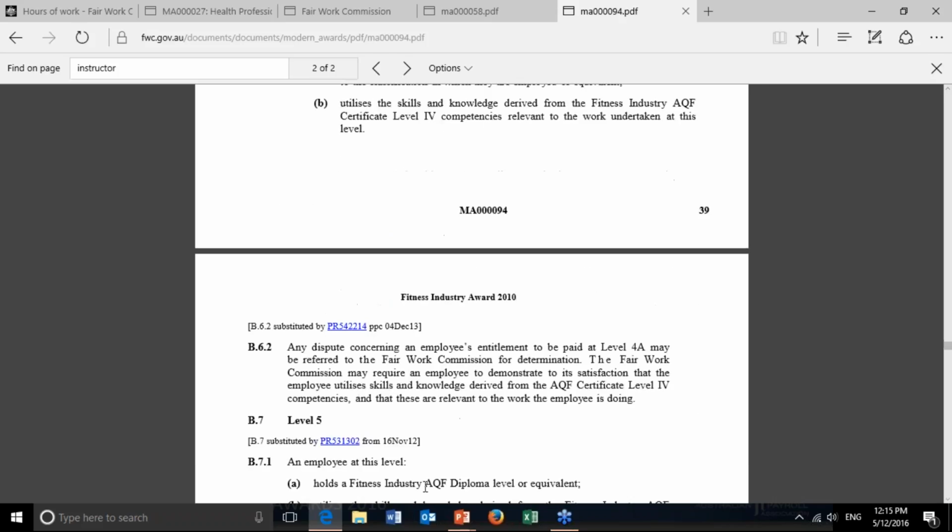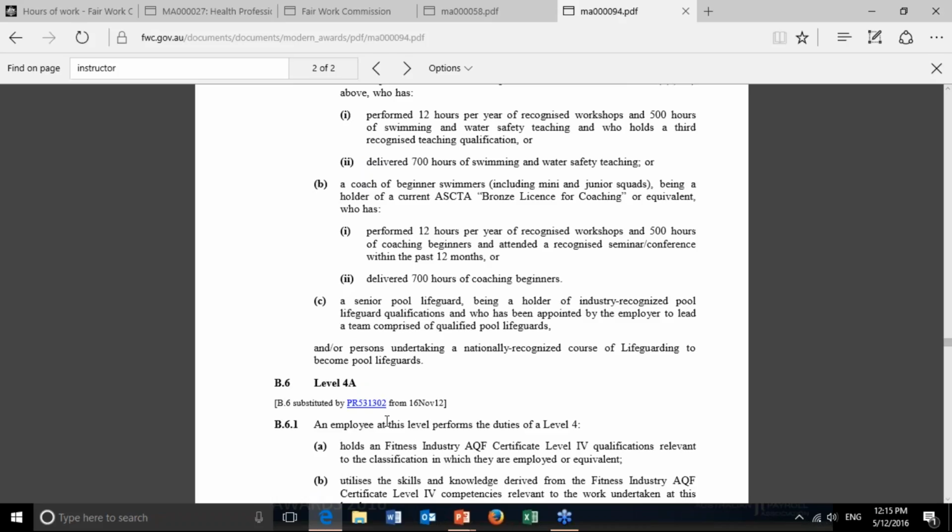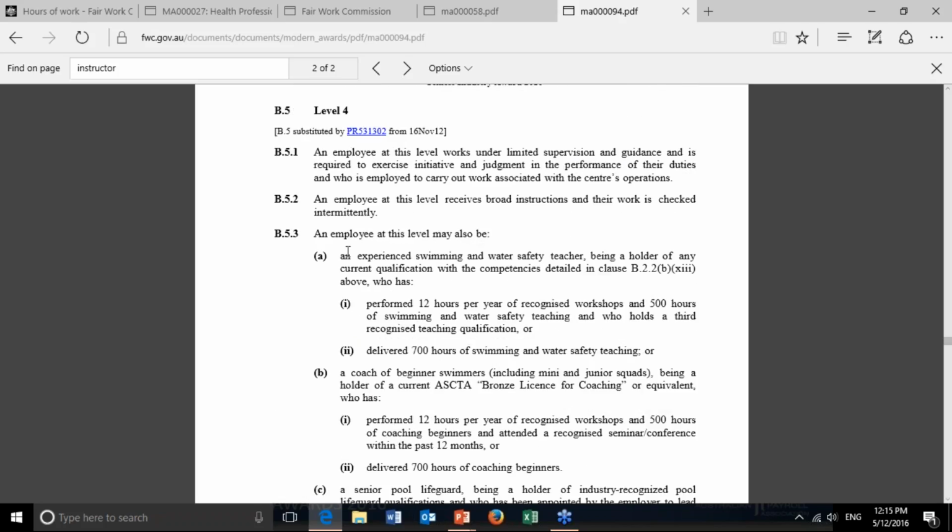And depending also on their qualifications, you may not be able to classify them under this award, in which case, coaching is predominantly for swimming. You might need to apply to the Fair Work Office for a ruling as to what would cover your client.